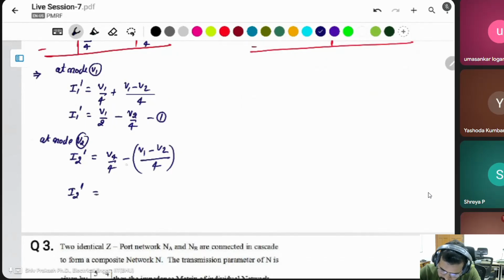I2 dash is minus V1 by 4 plus V2 by 2. Equation number 2. From these two equations we can find the parameters I1 dash and I2 dash.